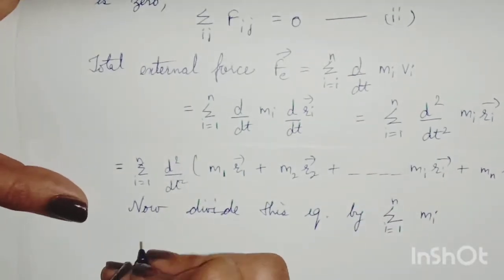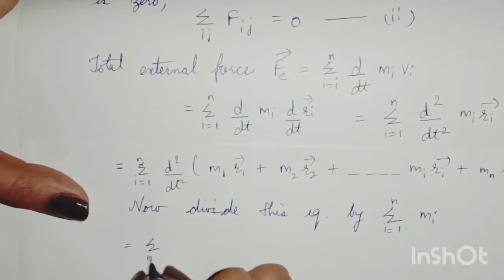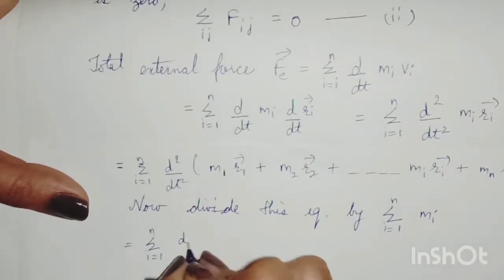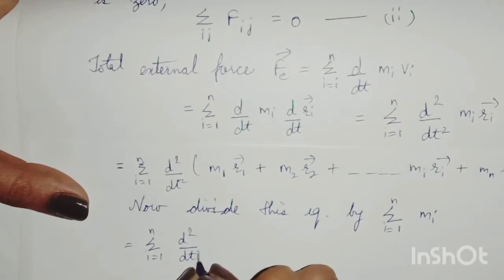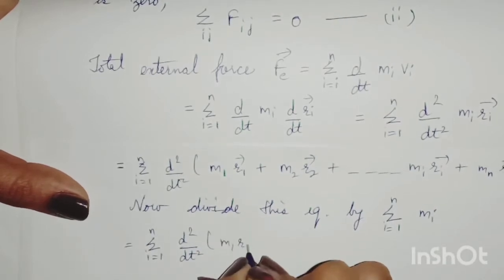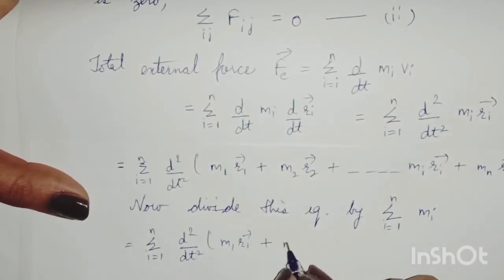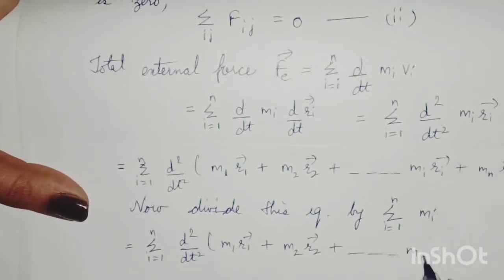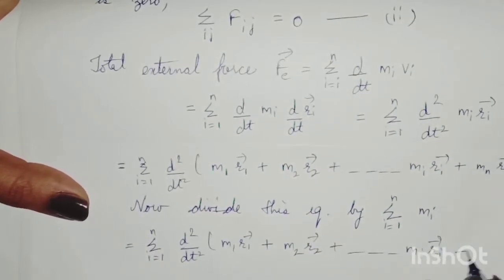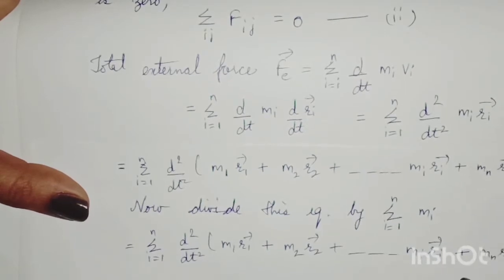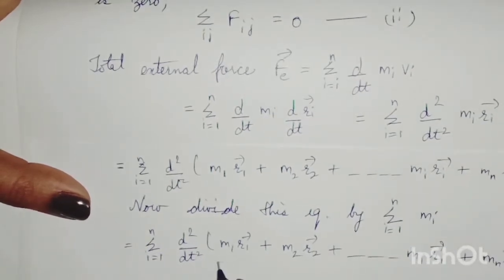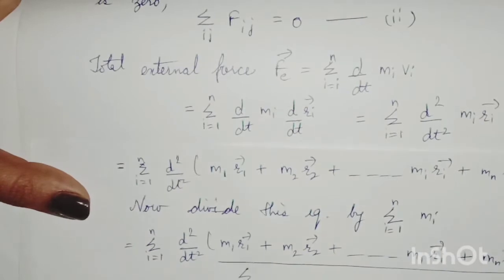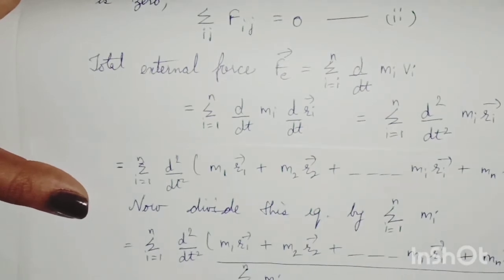So we can write d square upon dt square of m1 r1 vector plus m2 r2 vector plus mi ri vector plus mn rn vector, divided by summation over i equals 1 to n of mi.